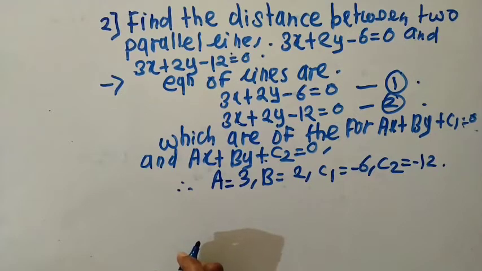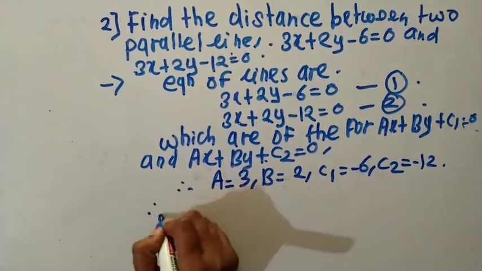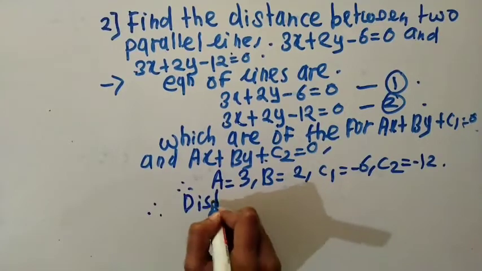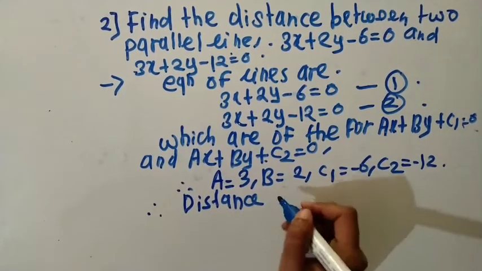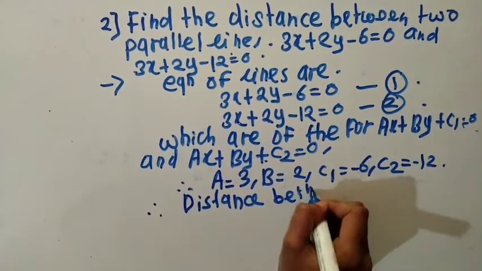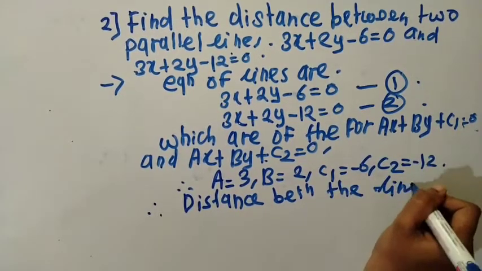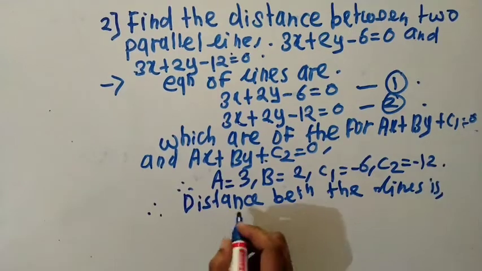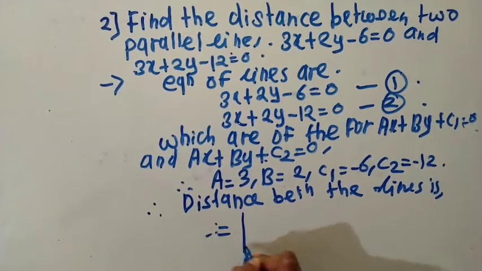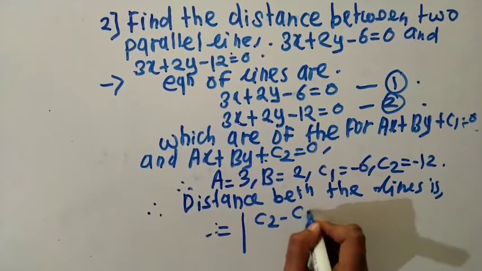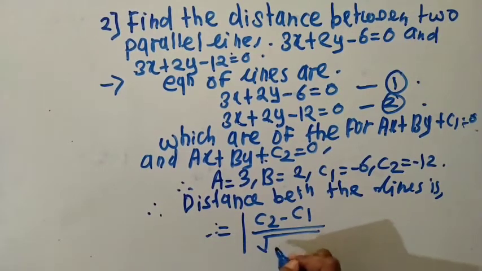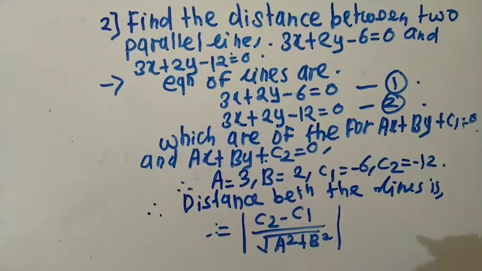Hence we first find out the distance between these lines, which is equal to |c2 - c1| upon root of a square plus b square.